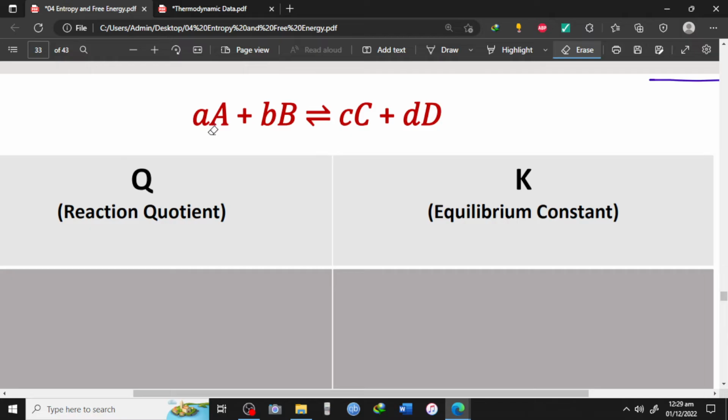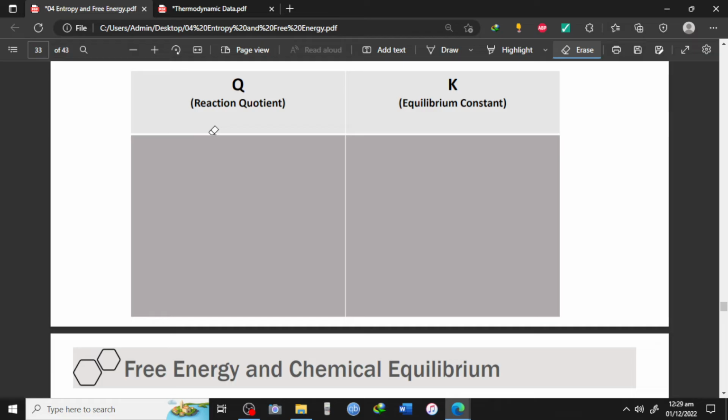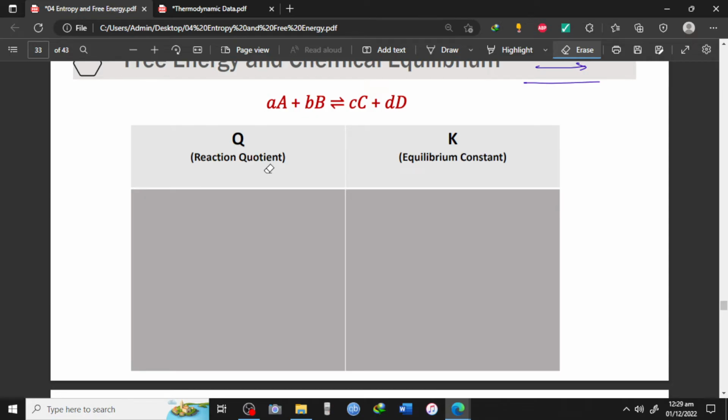But anyways, as I've mentioned, kaya natin dinidiscuss tong part na to is for me to introduce you to Q as your reaction quotient and your K as your equilibrium constant. So, ito kasing dalawang to, gagamitin natin, students, for the relationship between the standard free energy, yung may bilog sa taas, and the non-standard free energy or yung walang bilog sa taas.